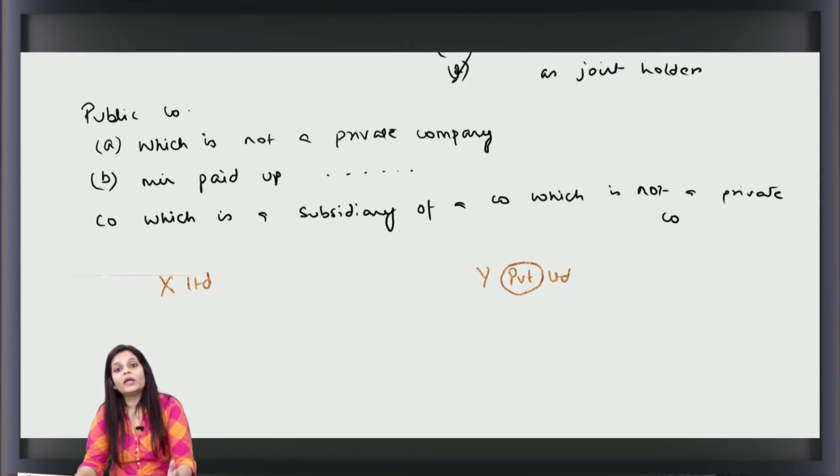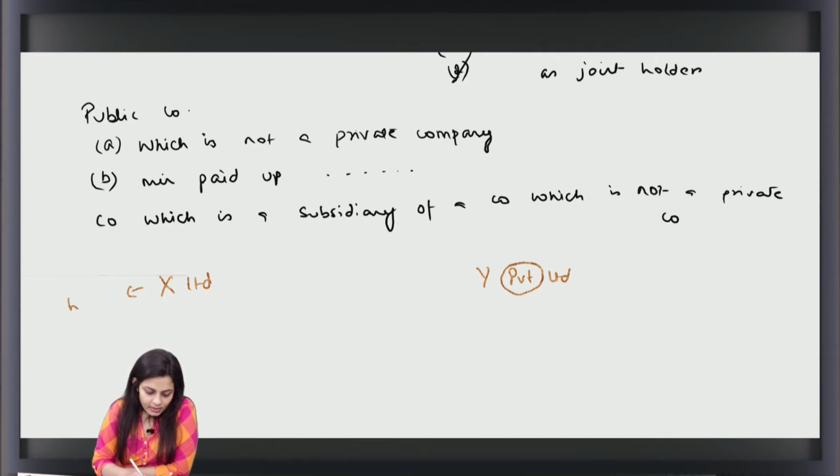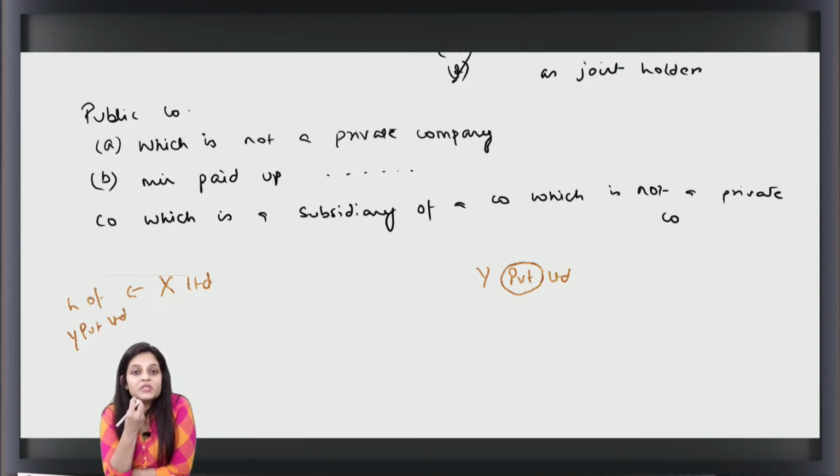You must be aware that a private company has to use the words private limited after its name, whereas a public company has to use the word limited after its name. So, let us say X Limited is the holding of Y Private Limited. Now, you know, holding and subsidiary are relative terms. What it means is if I am your holding, you are automatically my subsidiary. Simple logic.